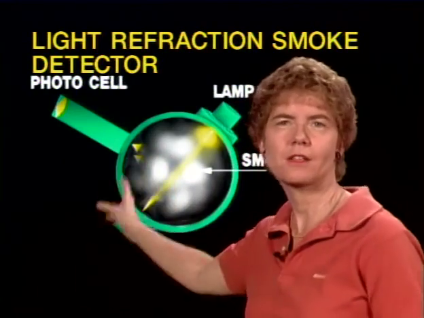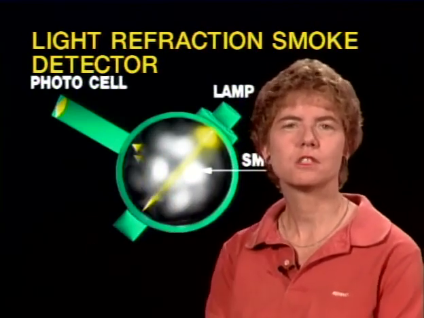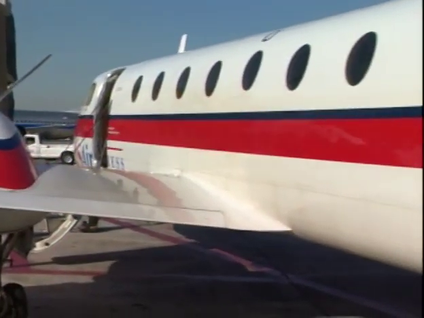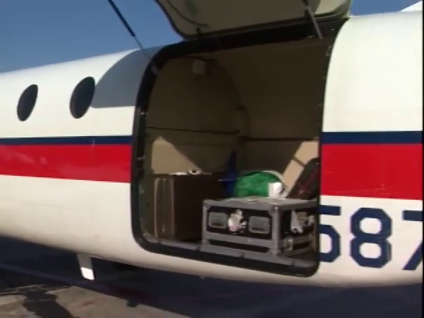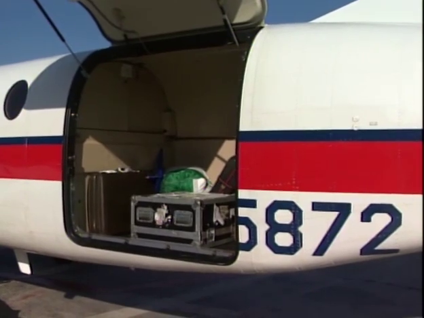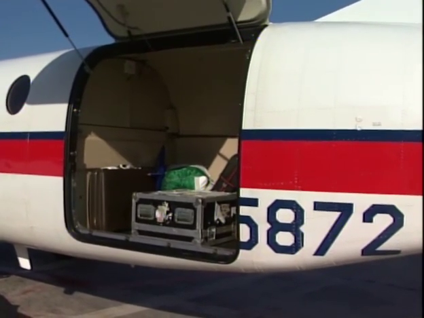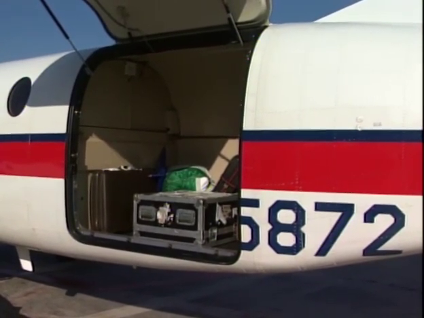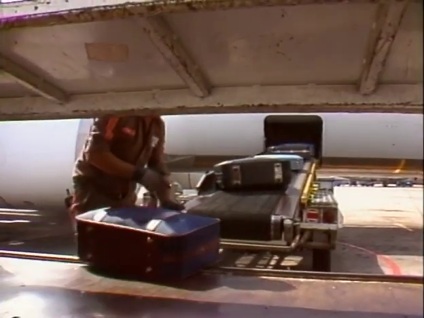Photoelectric cells like this are commonly used to detect smoke in the cargo and or the baggage compartments of an aircraft, areas where people aren't visually looking into that area all the time. Now, a photoelectric smoke detector will warn you when smoke is present, but it will not tell you if you've got a heat rise, like when you've got a fire that's starting but does not have any smoke.